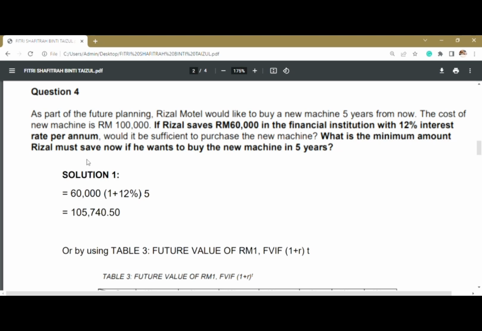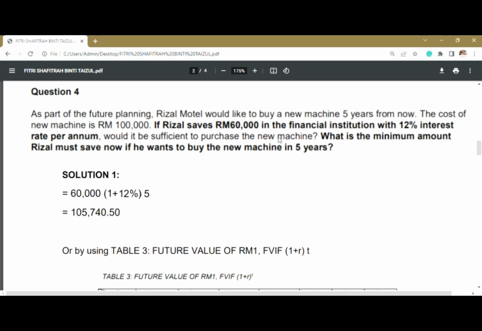So we are going to focus on the first question in this segment, which is if Rizal saves 60,000 in the financial institution with 12% interest rate per annum, would it be sufficient to purchase the new machine? For this question, there are two solutions.